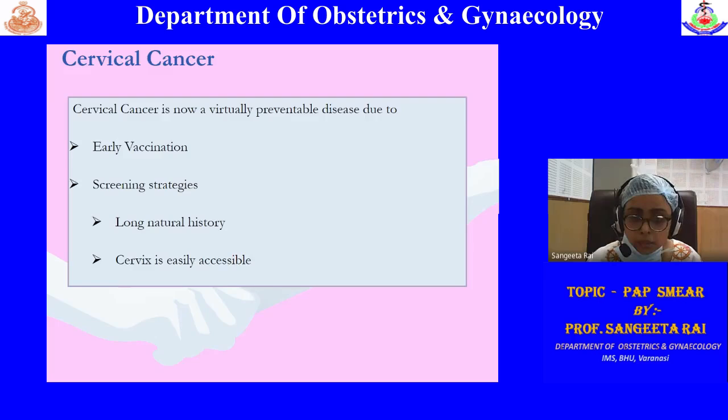And last but not least is the area where you are doing the examination. This is easily approachable. It doesn't need sedation or GA. Just a local examination with proper counseling and taking some samples within a fraction of a second. So you can easily assess the area of the transformation zone. So it is a very easy method. That's why screening for cervical cancer is very much effective.